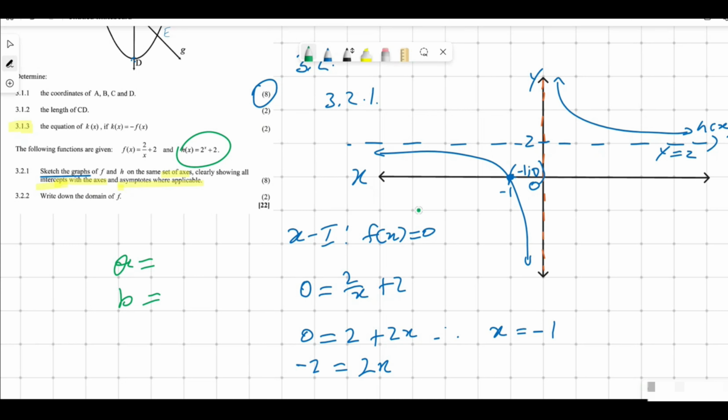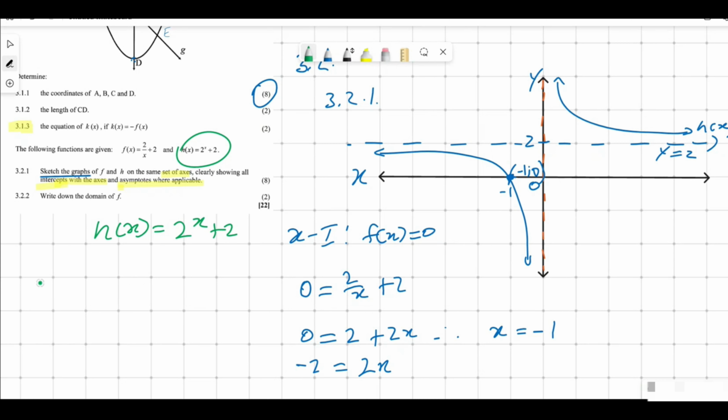This is h of x. Look, focus on the equation that we have here: h of x equals 2 exponent x plus 2. So we don't have 4 here. What is the value of b then? 2.